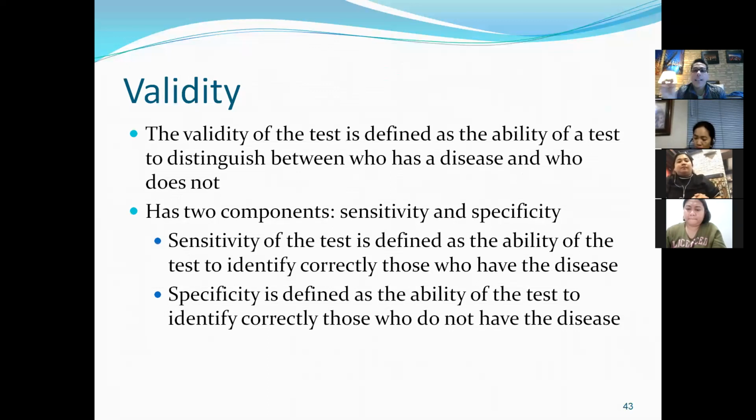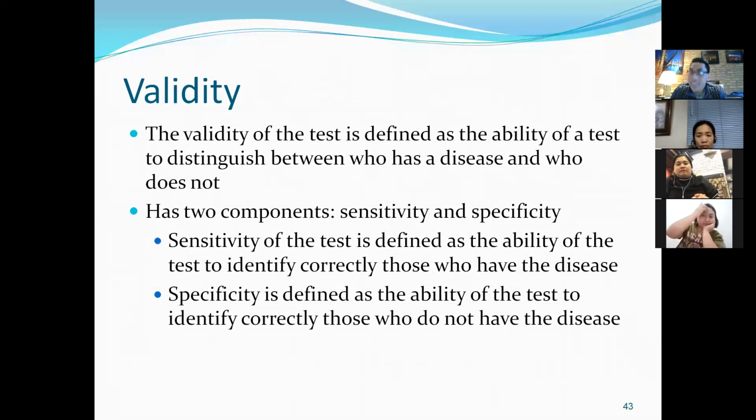For example, in HIV testing, why do we have Western blot as a confirmation? Why do you think we need to do Western blot? We already do HIV antibody testing, right?